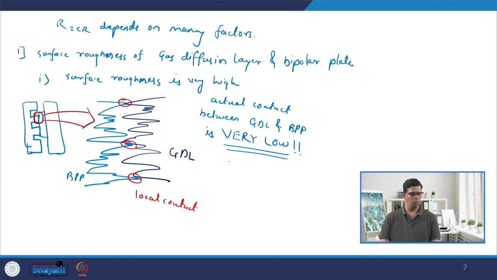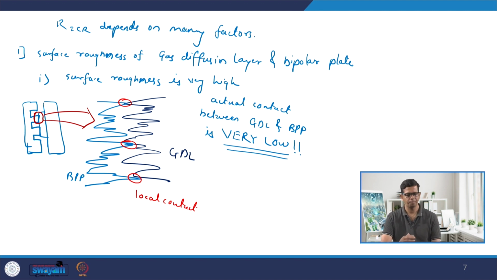And where does this lead to? Since electrons are generated at the catalyst layer and travel to the gas diffusion layer, once they reach the diffusion layer, they have only limited contact points to travel from the diffusion layer to the bipolar plate.